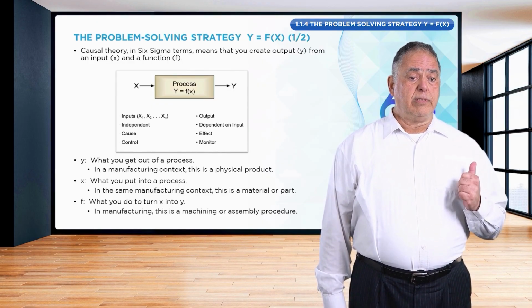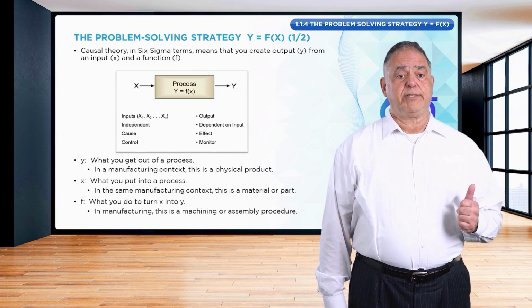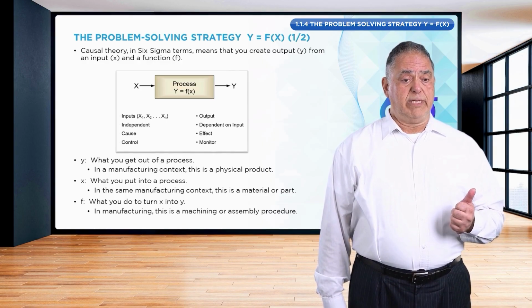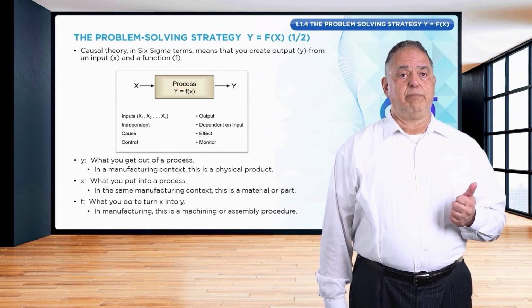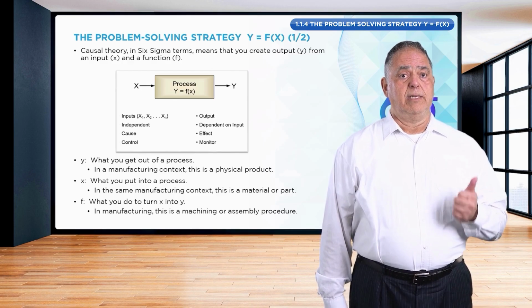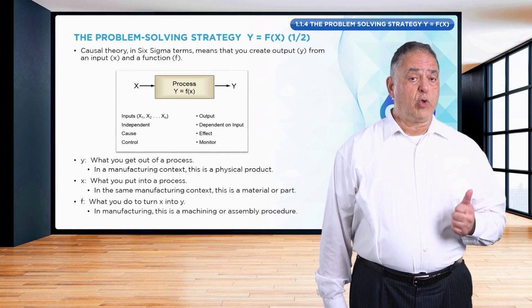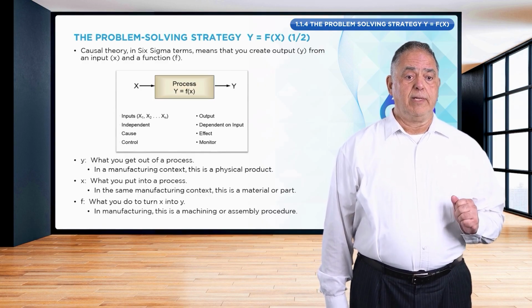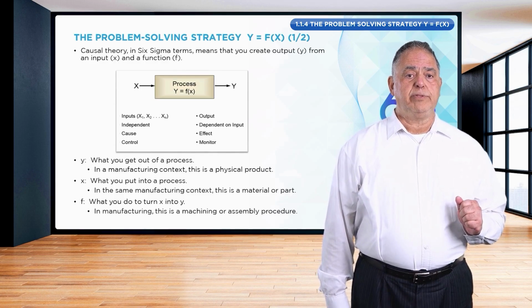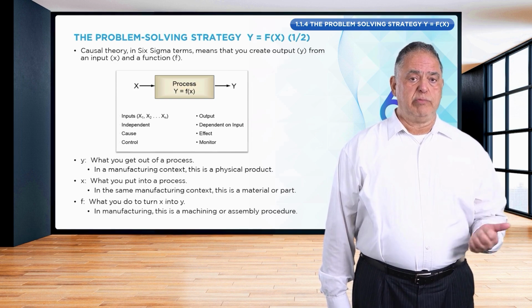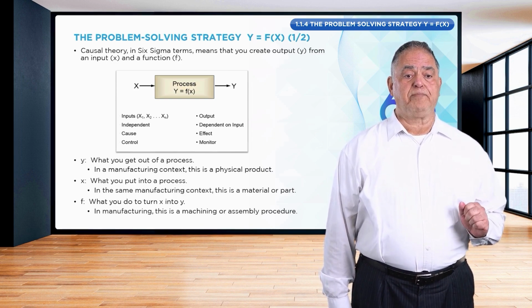So inputs are represented by X, and we have important inputs, and these are represented by capital X, and less important inputs that are represented with a lowercase x. So inputs are x1, x2, x3, xn.